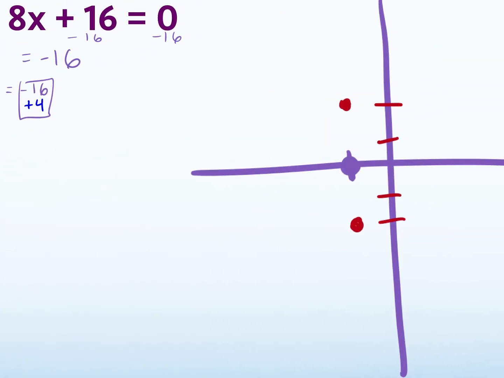So our co-vertices go left and right since our vertices went up and down. So I'm going to go from the center to the left about 1.5-ish, and from the center to the right, about 1.5-ish. No, it's not from the origin, it's from the center of our hyperbola, from that purple dot.